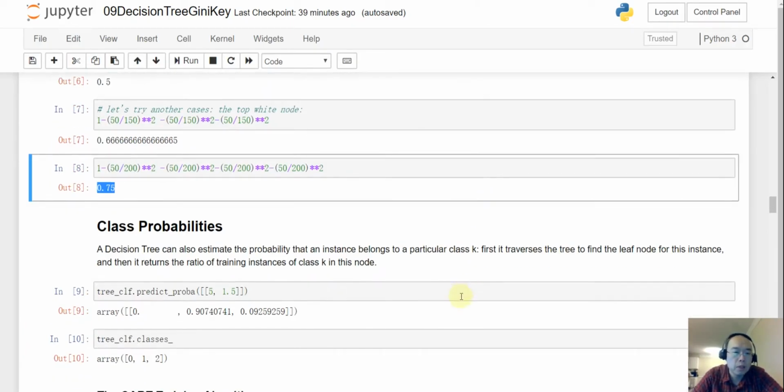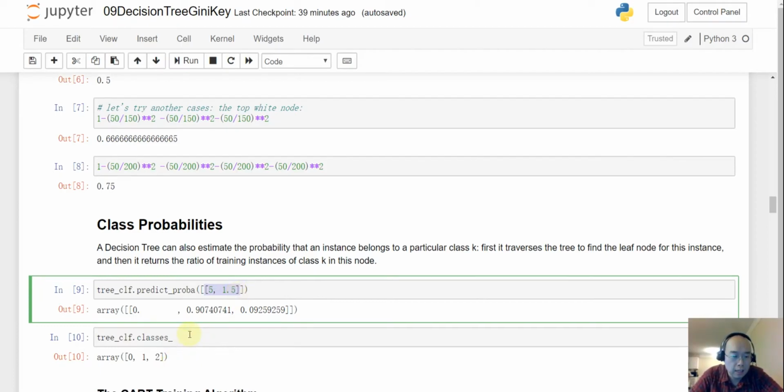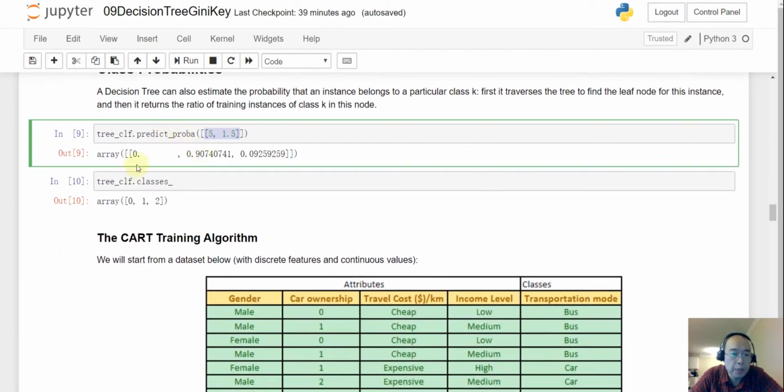Okay, so another cool thing about the decision tree classifier is that we can get the probability. Say we just have one sample and we want to make a prediction and decide which class this sample belongs to on our iris dataset, it will give us the probability.